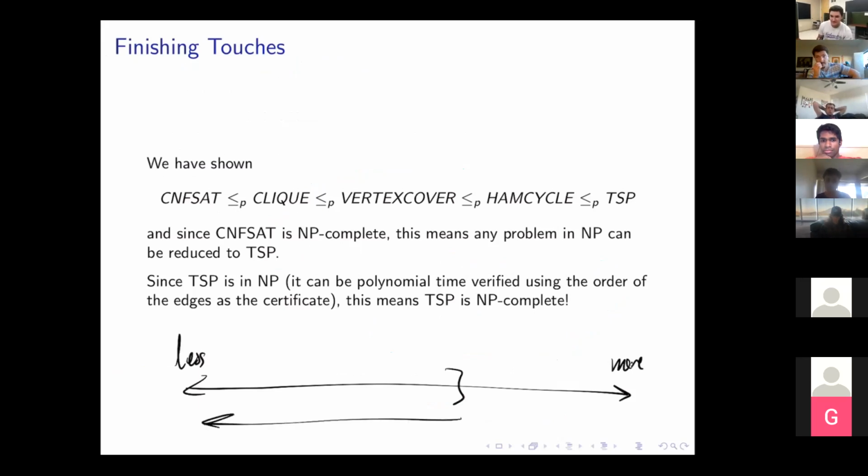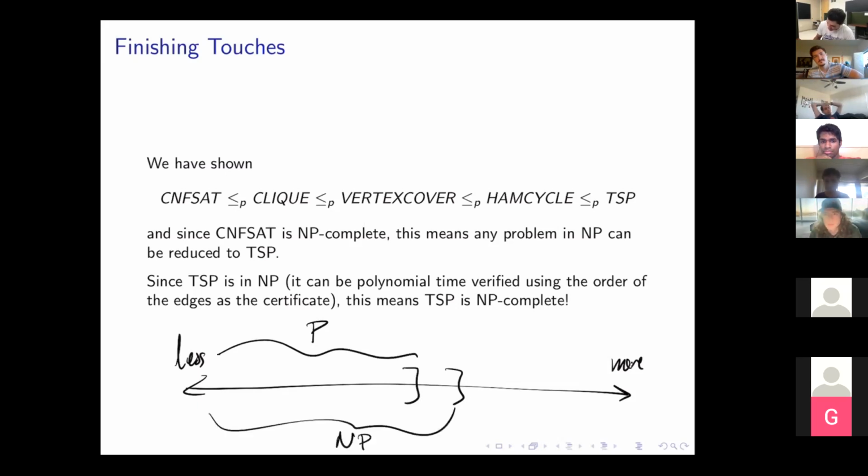P problems we think are here. So this would be P, this would be NP. Anything harder than the hardest NP problem, we say is NP hard. So those would be NP hard.